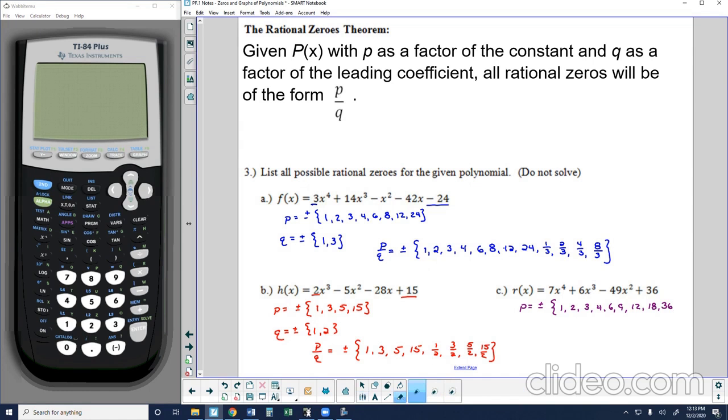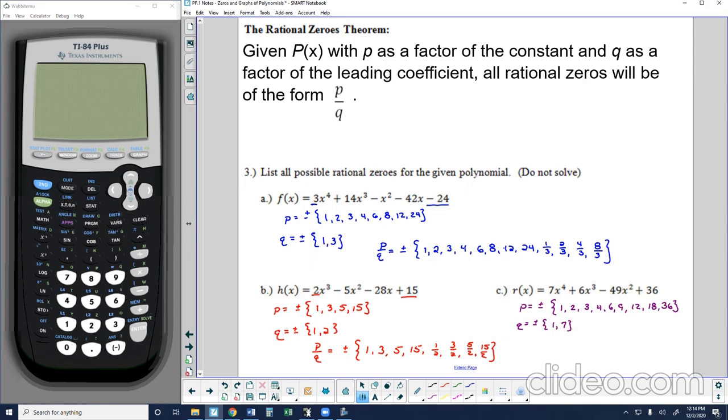Q would be the possible factors for the leading coefficient, which is 7. So if I list those, 1 and 7.